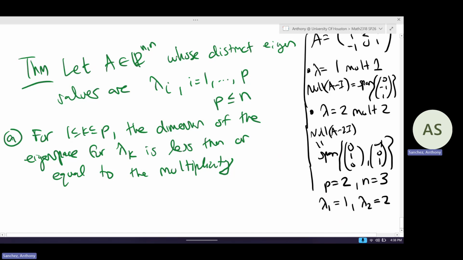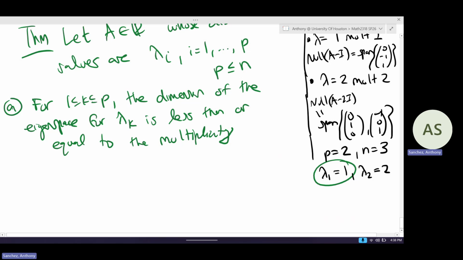So for this example on the right that we looked at previously, for lambda equal to 1, the dimension of the eigenspace was 1, and 1 is definitely less than or equal to 1. For lambda equal to 2, the dimension of the eigenspace was 2, and that corresponds to the multiplicity. But there was our non-example where the eigenvalue had multiplicity 2, but the eigenspace only had dimension 1.